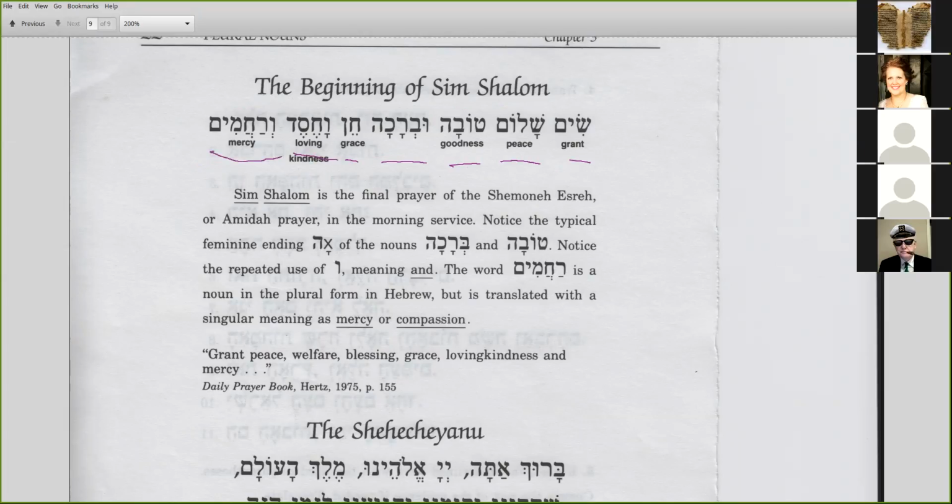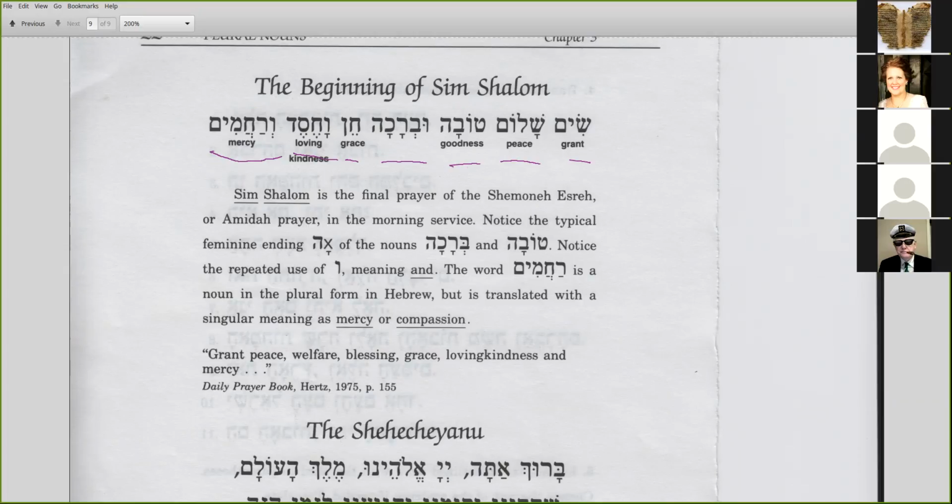Okay? And it's got a neat little tune to it, I think. It's almost an upbeat, happy tune, with a little bit of entreaty there. Grant to us peace, goodness, blessing, grace, loving kindness, and mercy.